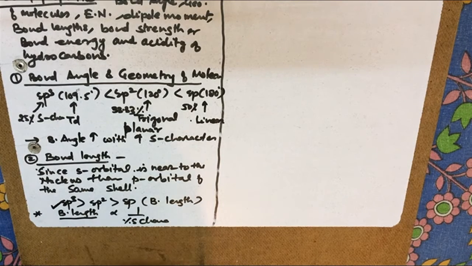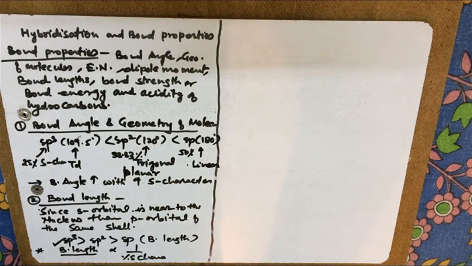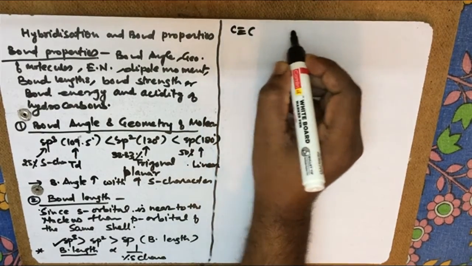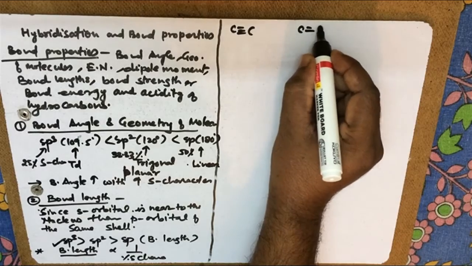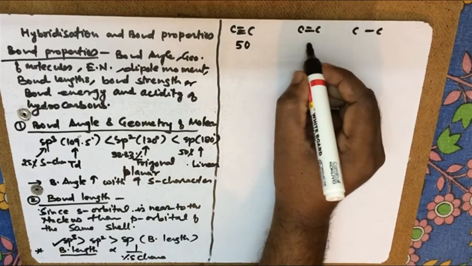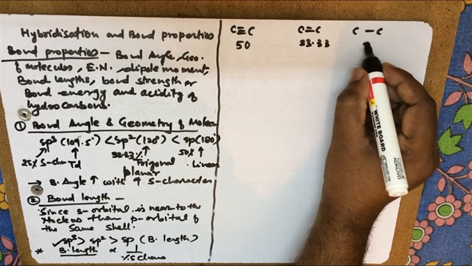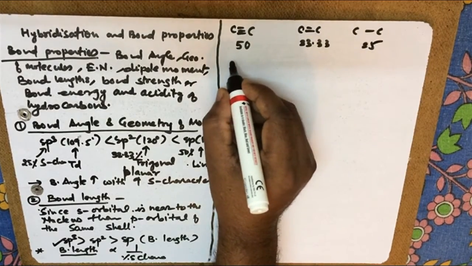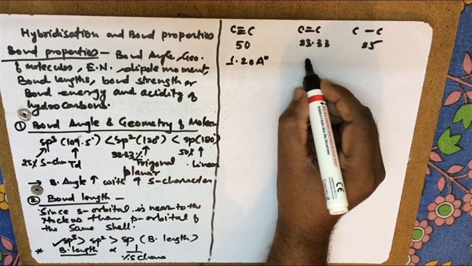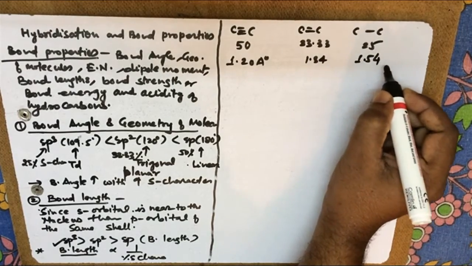Okay, you see sp3, and you can see from this C triple bond C, C double bond C, C single bond C. So here is 50% s character, here is 33% s character, and here is 25%. So bond length here is 1.20 angstrom, here is 1.34 and here is 1.5.